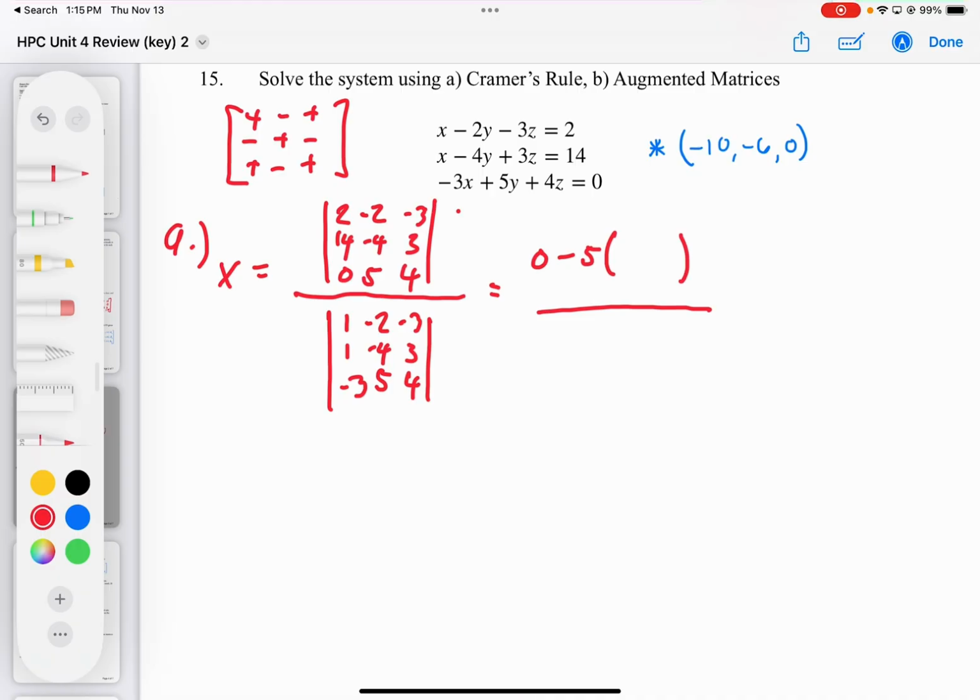All right, so either way, if I'm doing expansion by minors, I'm working on this cell right here. So then I need to do 2 times 3, which is 6, minus -3 times 14. So 3 times 14 is going to give me 42. So then I'm going to have 6 plus 42, which is going to give me what? 48? Cool.